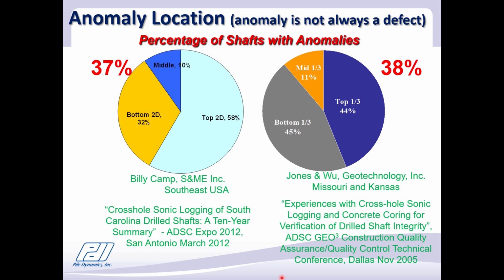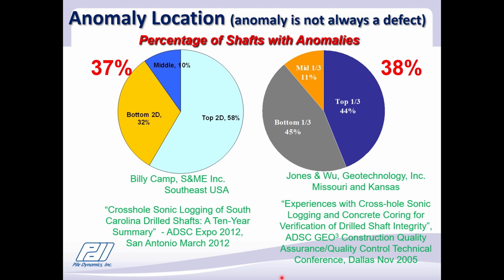The locations of defects were basically concentrated near the top of the pile, which is critical because that's where all the loads are transferred into the shaft. Some at the bottom of the pile, a good portion. Those may or may not be very serious because many shafts are designed for shaft resistance only and no end bearing. And a fair percentage of problems in the middle section of the shaft.